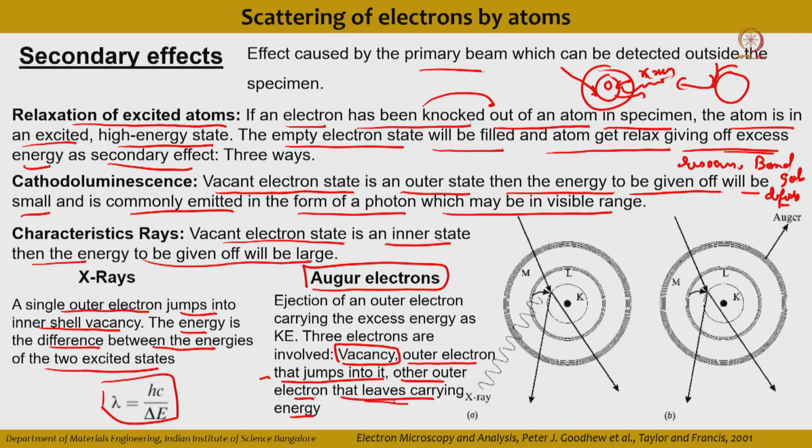These outer electrons which leave carrying energy are called Auger electrons, and they are usually used for surface studies, and sometimes chemical and composition analysis. Fine.